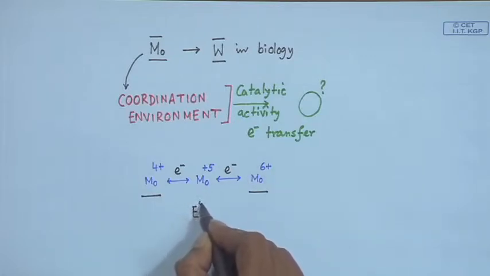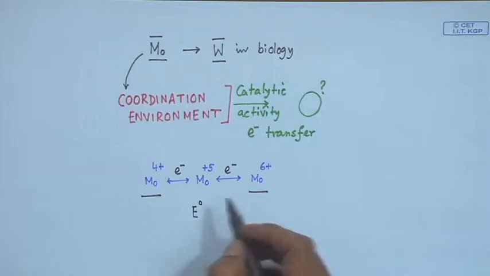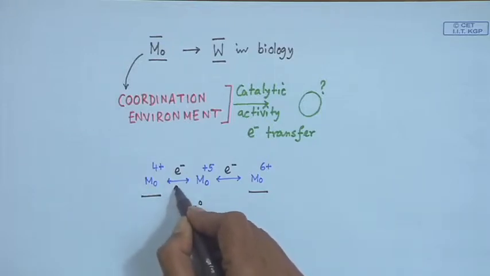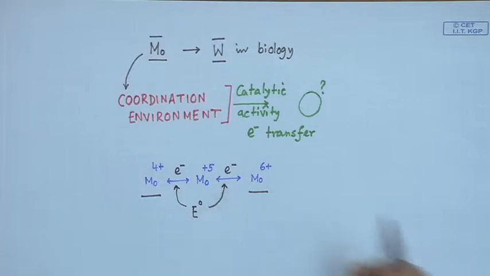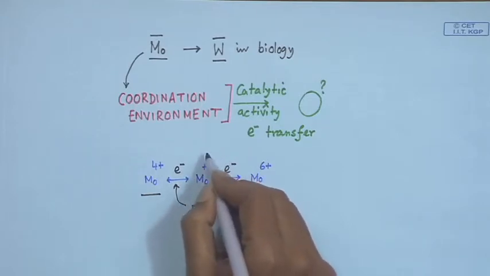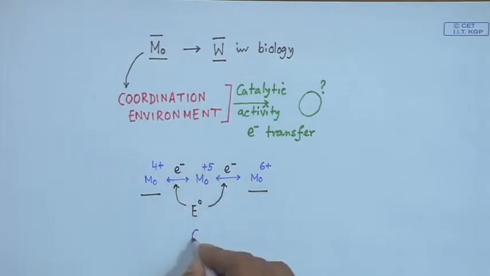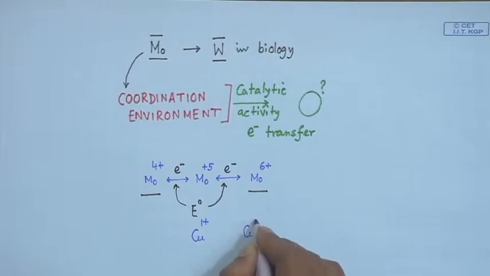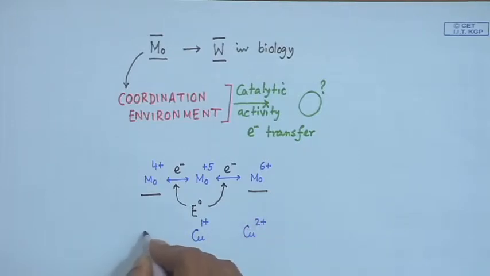So, as the controlling factor you can have two E0 values for these two states, and these E0 values tell us something very simple that we all know: if we have an intermediate oxidation state, like the cuprous state, one oxidized state is the cupric state and another reduced state is copper 0.